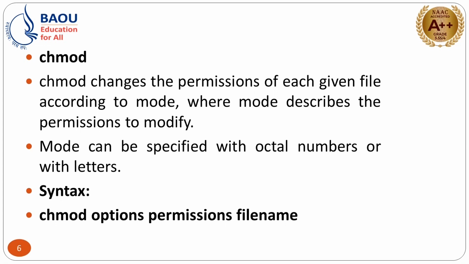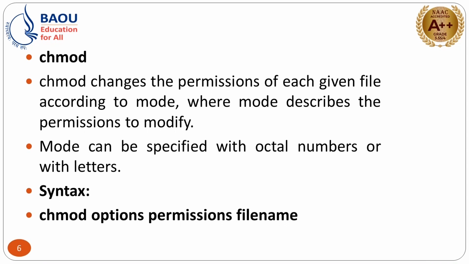Now the chmod command is basically used to change the permissions. Whenever you talk about permissions, there are three types of user that you have to study. First one is the owner, second one is the group, and third one is the other. The owner is the one who has created that particular file or folder, or you can say the directory. That is called the user or the owner.